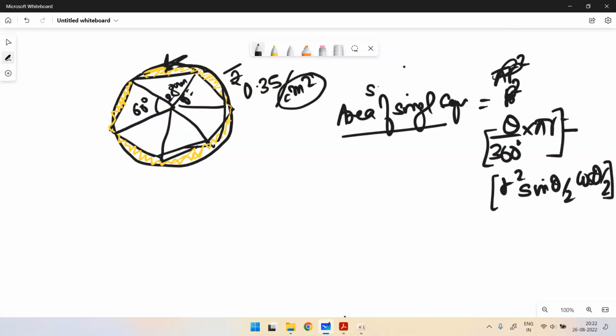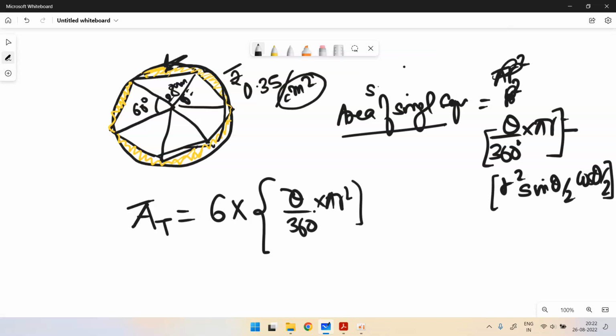This is for a single segment, and for the total area, suppose A is the total area, it is equal to 6 into theta by 360 degree into pi r square minus r square sine theta by 2 cos theta by 2.